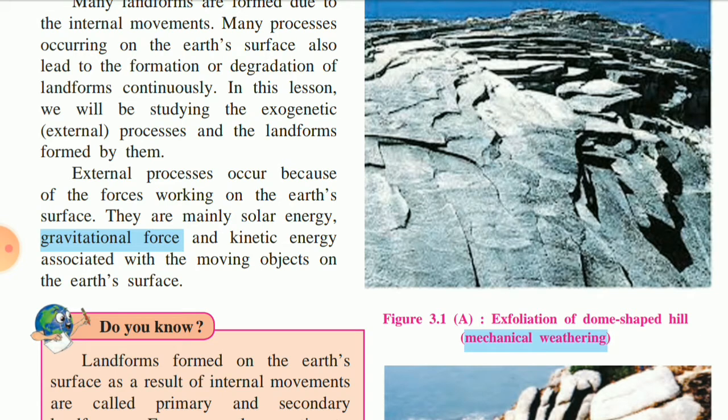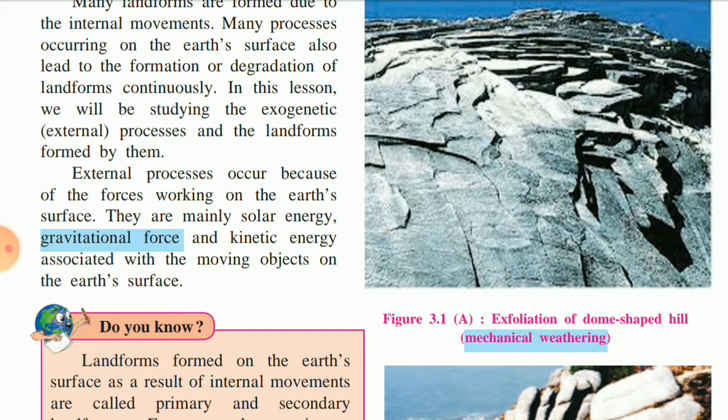External processes occur because of the forces working on the Earth's surface. There are several forces which are working on the earth's surface. These forces work, and because of this the external process takes place. So let us see which forces act.